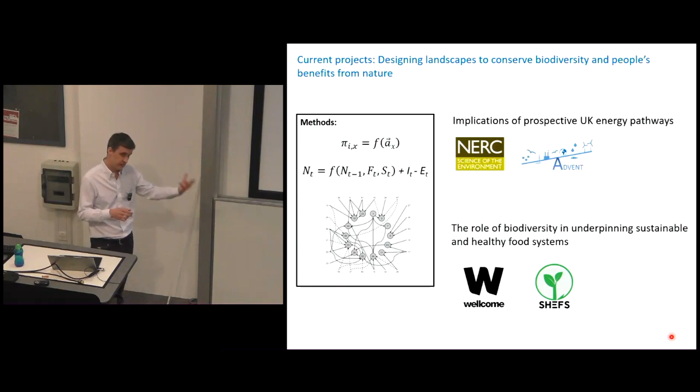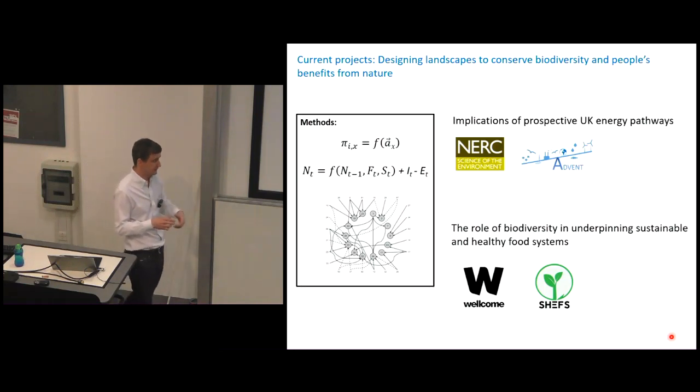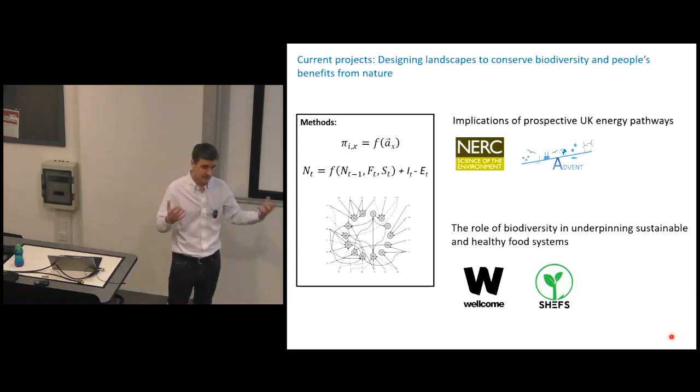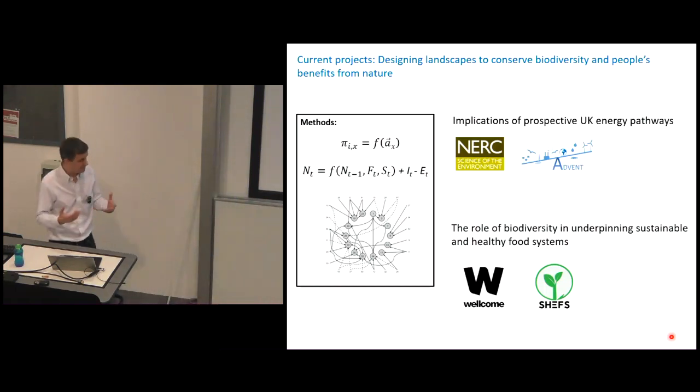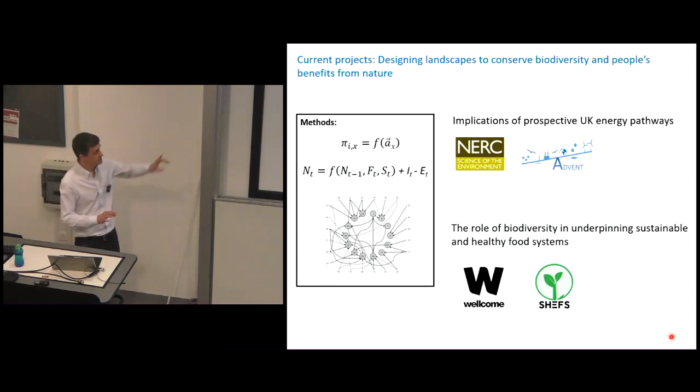So there are clear policy links here. If you think of the 25-year plan for the environment, if you think of what's going on politically in terms of managing the landscapes in the UK. But underpinning these areas of research are the methods that I've been working on.